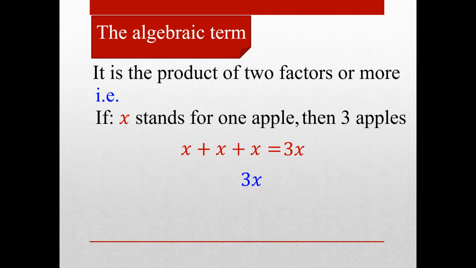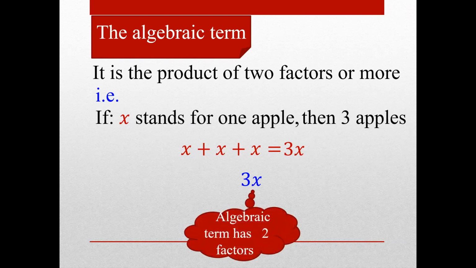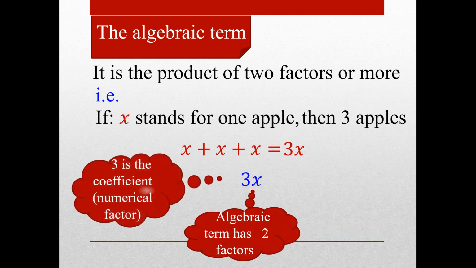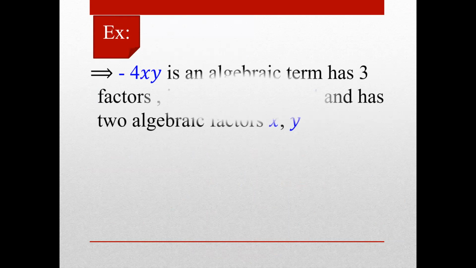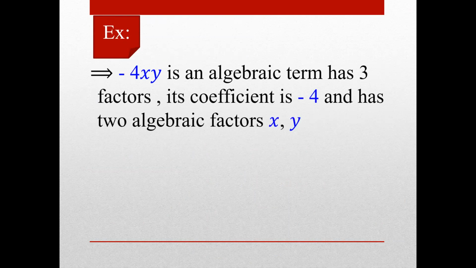For a number and a variable, 3 is a number and x is a variable. 3x is called an algebraic term and has two factors. 3 is called the coefficient or numerical factor, and x is called the algebraic factor. -4xy is an algebraic term, and it has three factors.